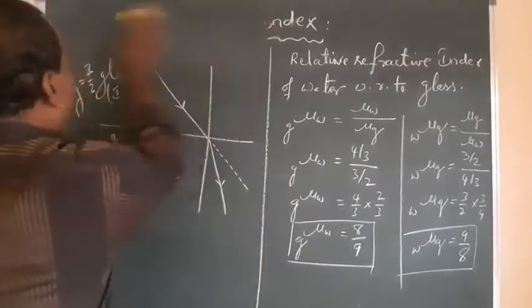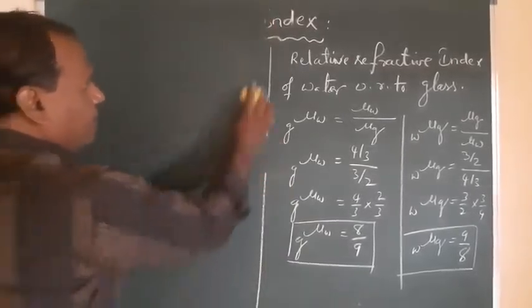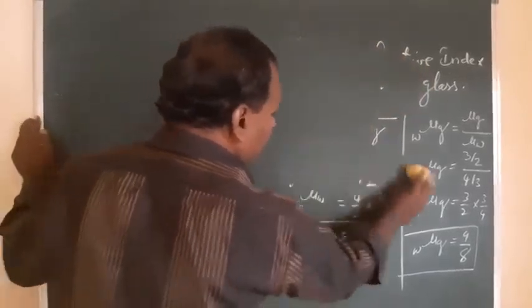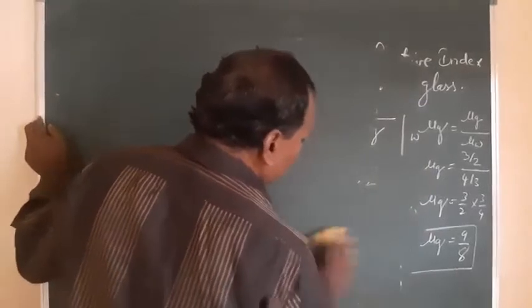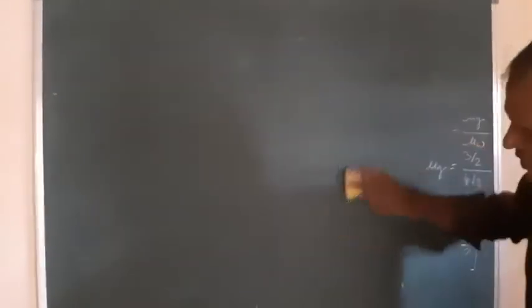Now I'll move on to another topic. Here we are saying that bending of light takes place when the light is propagating from one medium to another medium. But in which direction does the light bend?